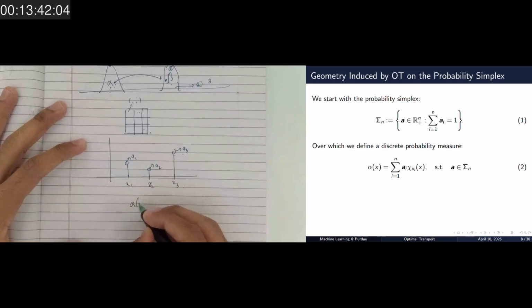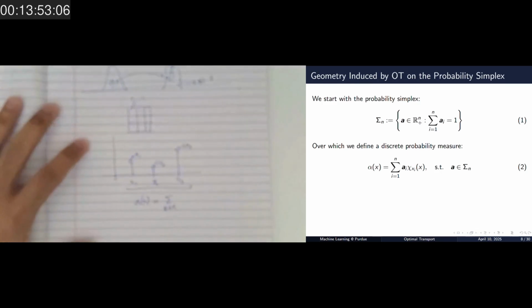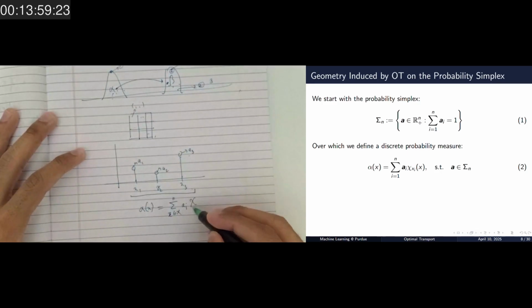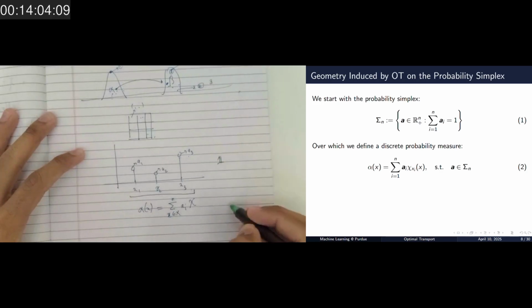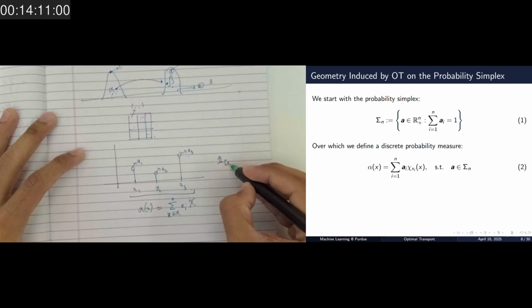If I want to compute the value at some x, you sum over all of the x's, from 1, 2, and 3, compute the value of the weight at this position, and add it if chi, which is the indicator function, of x is in your set.